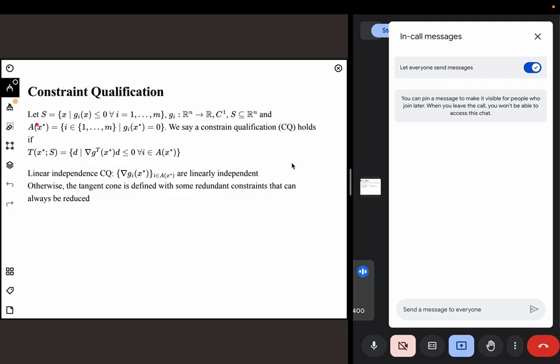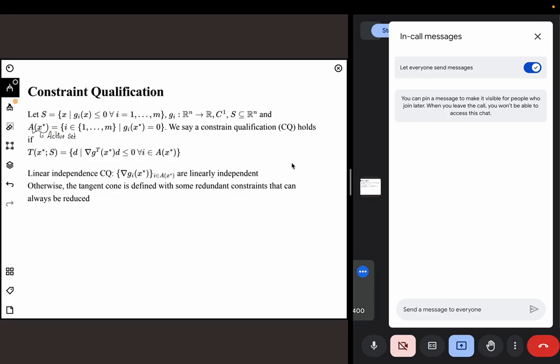And we define A as the set of X star which satisfies these conditions exactly. So this is called an active constraint. What this means is these are the points lying on the boundary of my constraint function Gi. So all the points lying on the boundary will form a set called the active set.